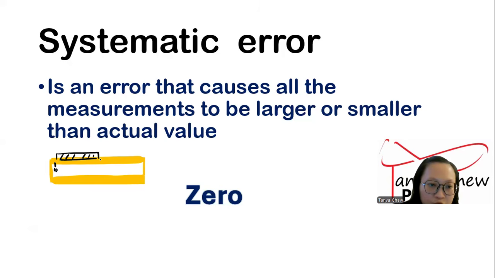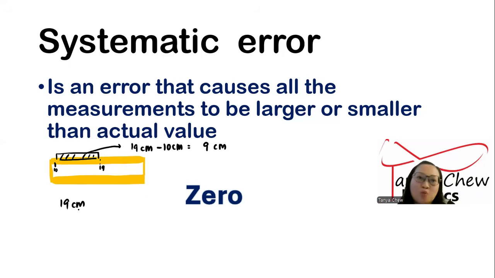So the length of the object is supposed to be 19 cm minus 10 cm, which is 9 cm. But because you forgot to minus that 10 cm, you will record your value as 19 cm, which is larger than the actual length of the object. That is what we call systematic error.